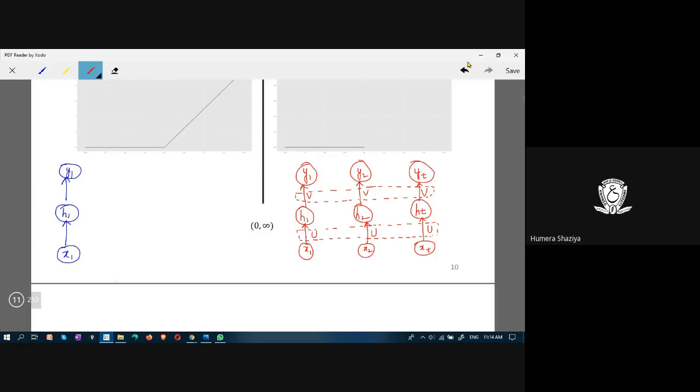And then these are the weights between the hidden units, which are shared among all these units.